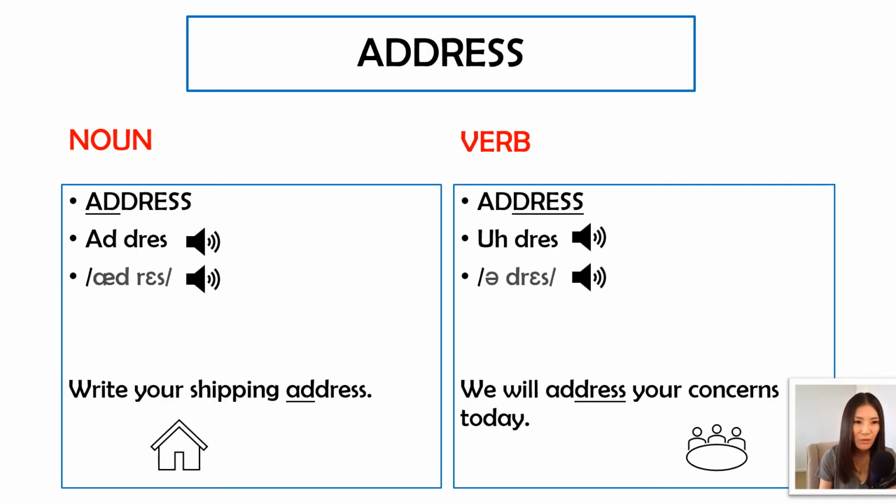The next noun is address. Write your shipping address versus address. We will address your concerns today. A lot of people say address when they are meaning to say address, and I think it bothers nobody except me. But if it's a noun, it should be address. And if it's a verb, it should be address.